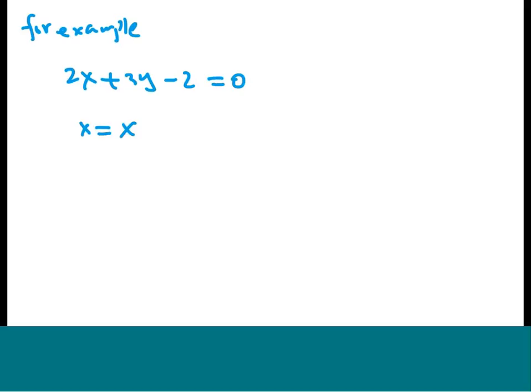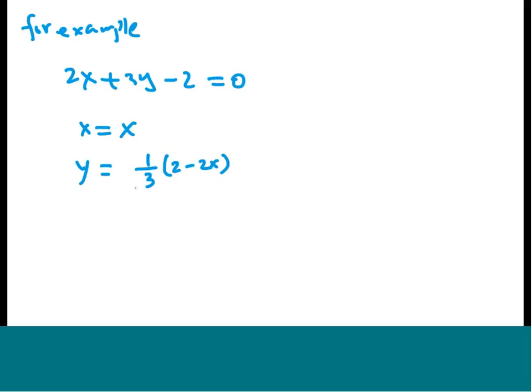So for example, a curve like 2x plus 3y minus 2 equals 0. Then you need only one parameter. You can say x equals x and y equals 2 minus 2x, divided by 3.